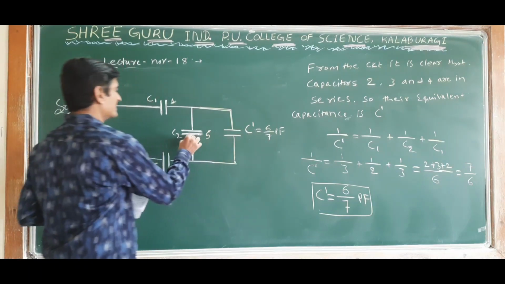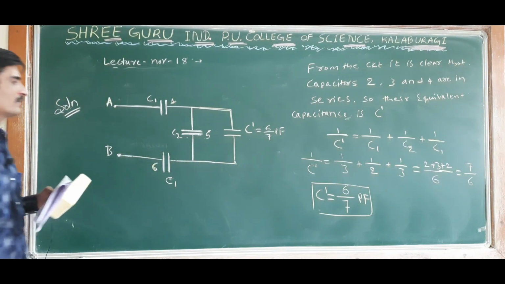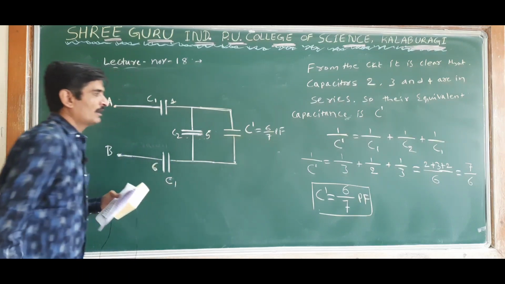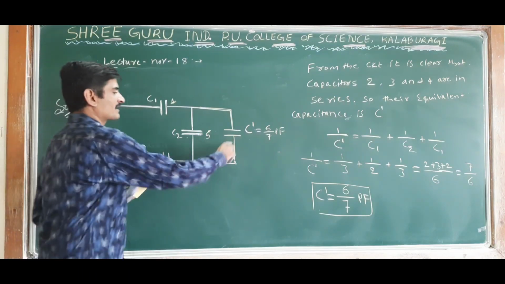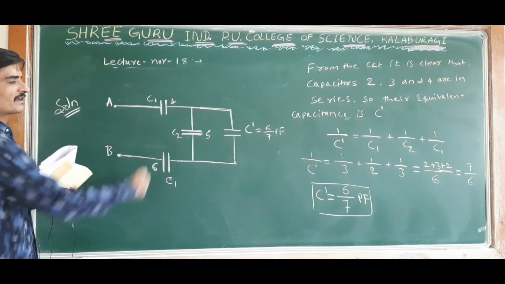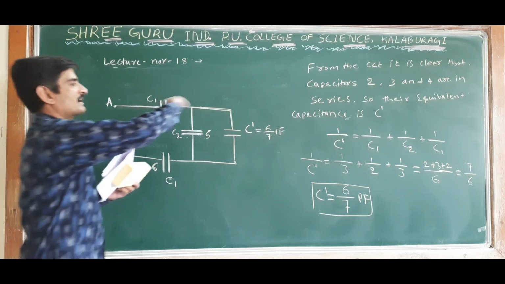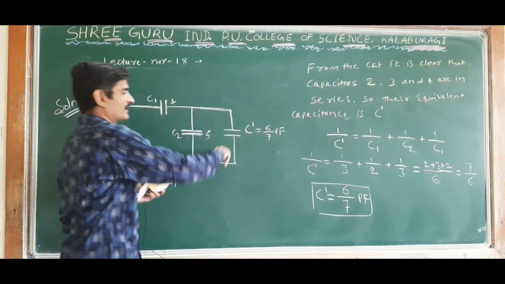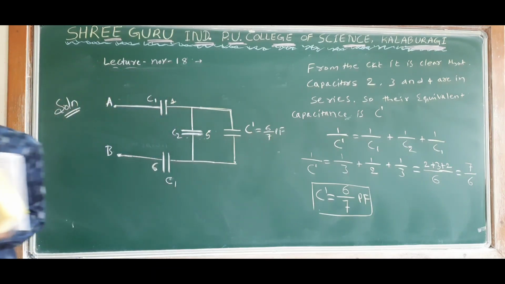Now C dash and this fifth capacitor, C2, how are these two? These two are in parallel. Understood? You have to draw this diagram. Draw the diagram, then only we will understand. First the diagram was different, and now the diagram is like this.